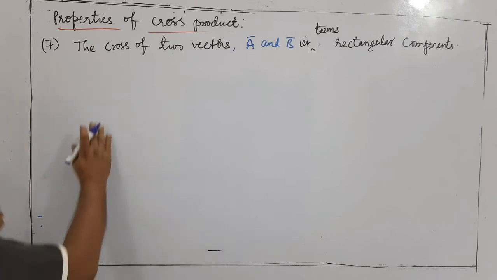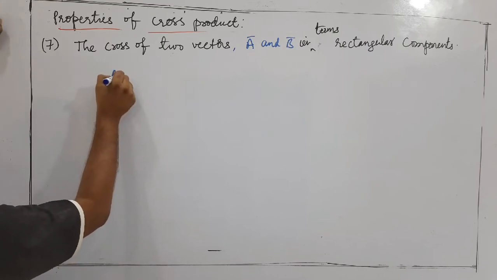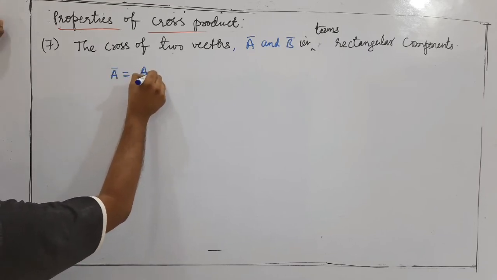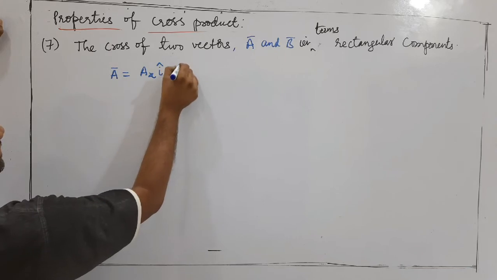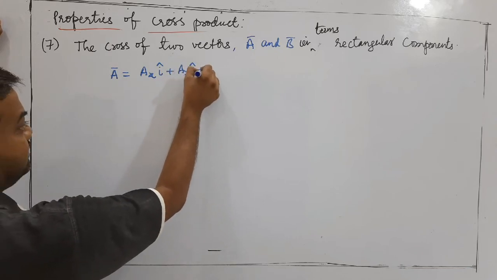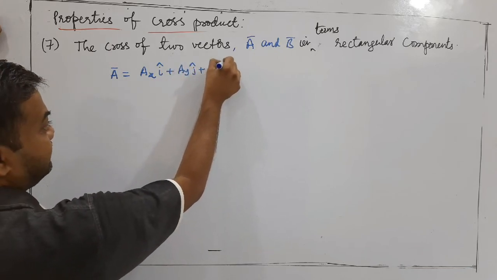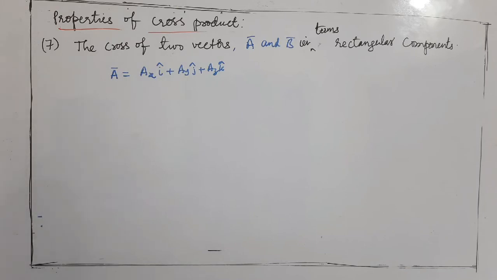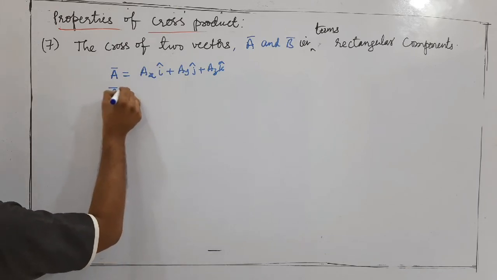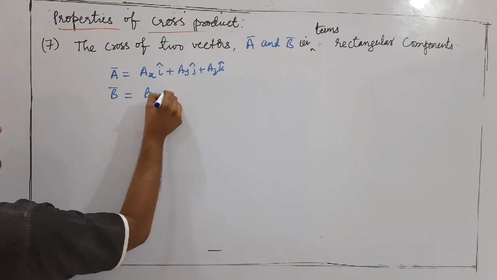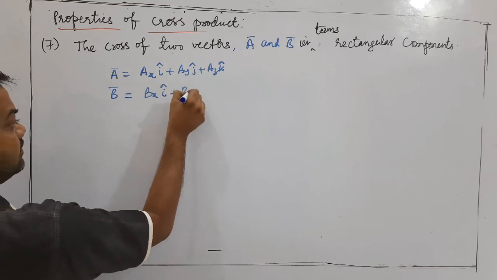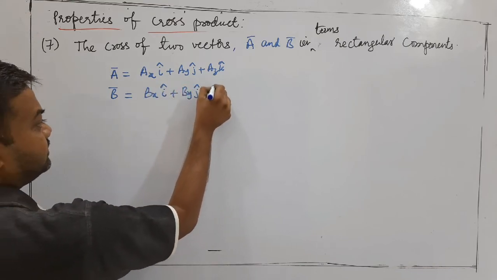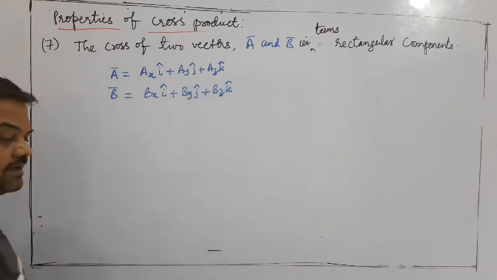Rectangular components means, suppose A bar is equal to AX i cap plus AY j cap plus AZ k cap. Okay, like this. B bar is equal to BX i cap plus BY j cap plus BZ k cap.